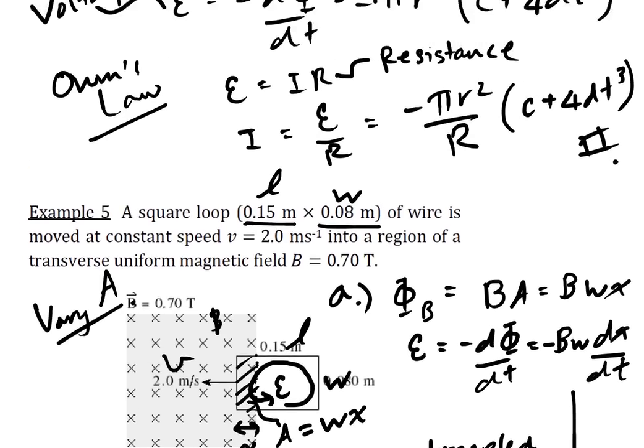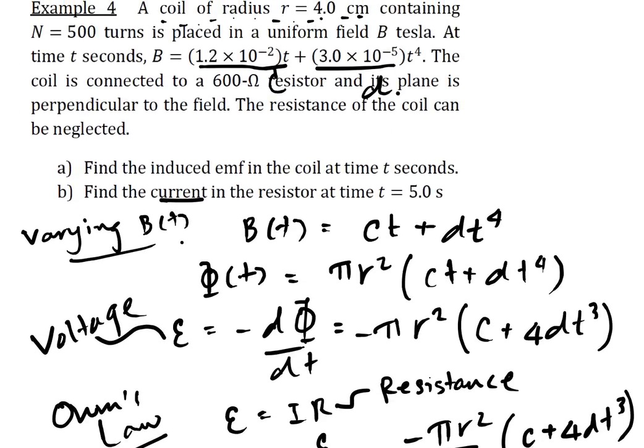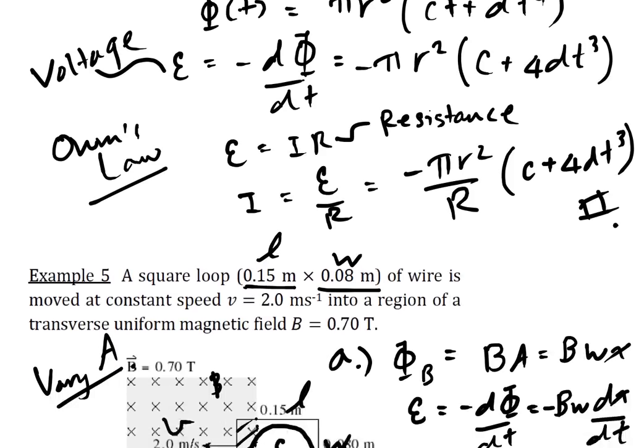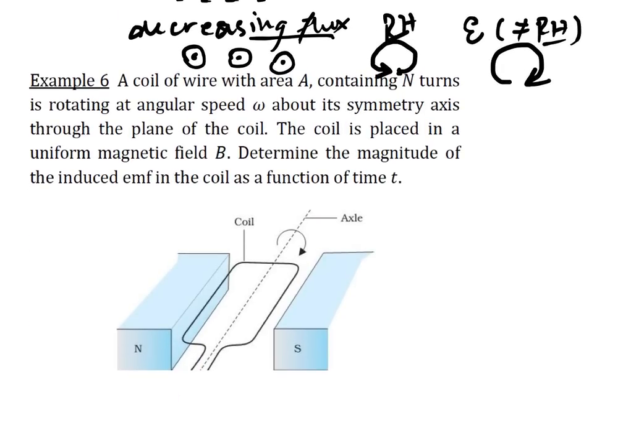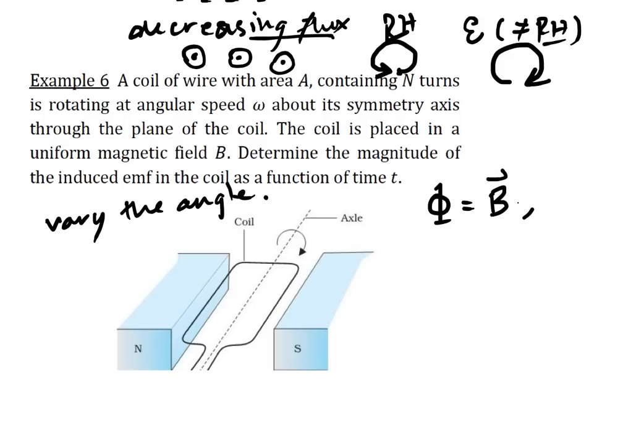Firstly, you came up with examples where you vary the B. Now you do the example where you vary the A, and yet another example, we come up with where you vary the angle, because you have the flux that is defined by B dot A, which is AB cosine theta.